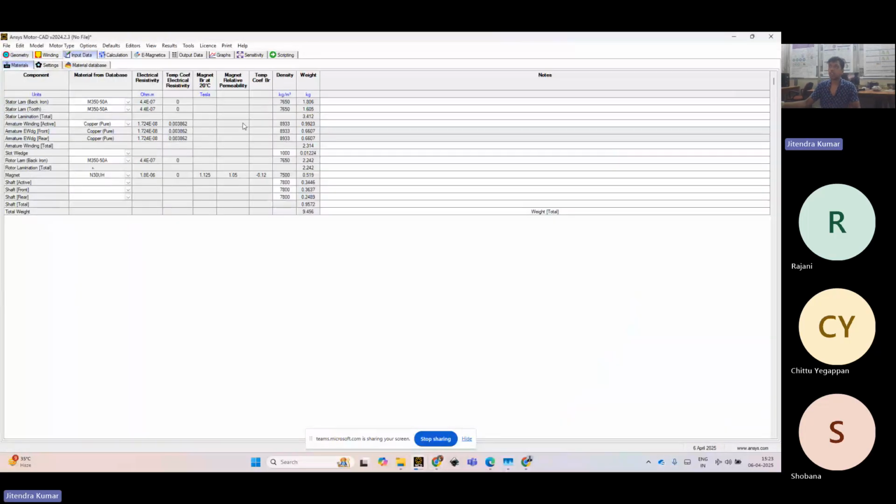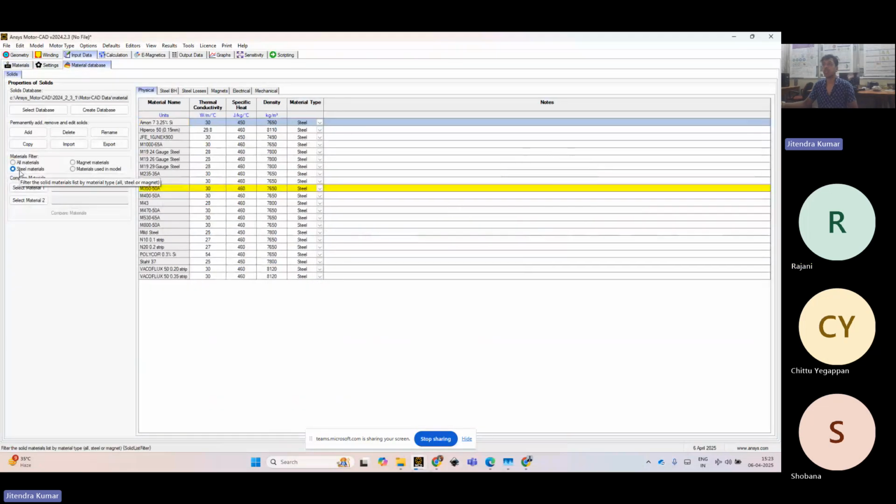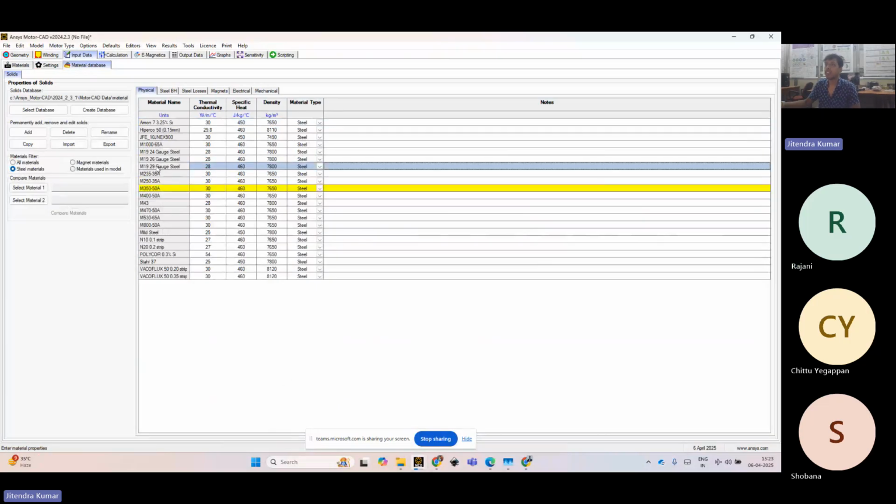Right now, I hope you are able to see my screen. Yes, sir. In the software, if you go to the materials section, for timing we are focusing only on steel. This is M19 material.